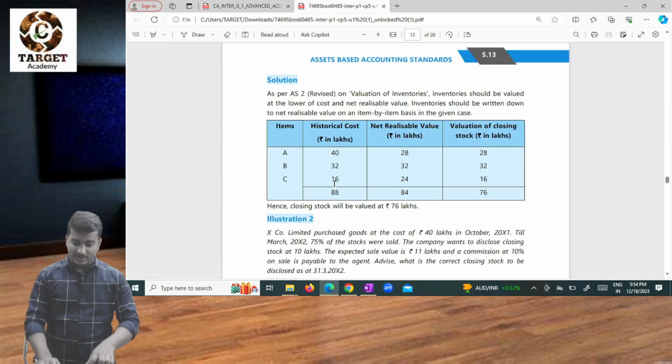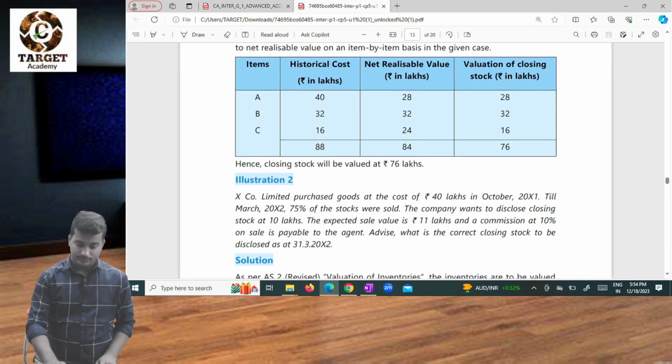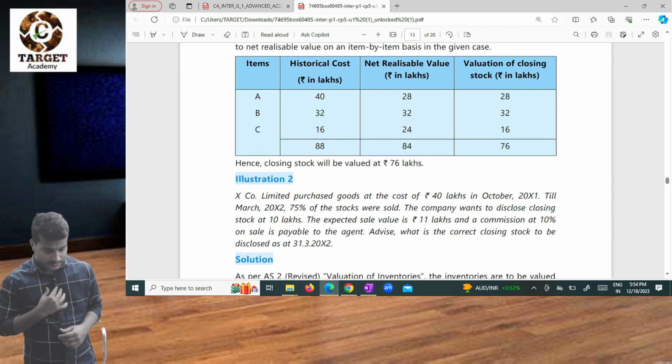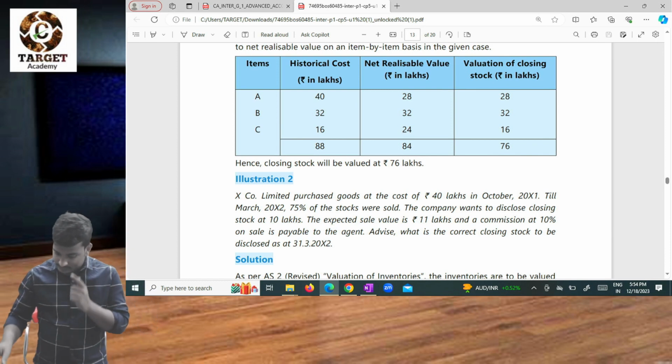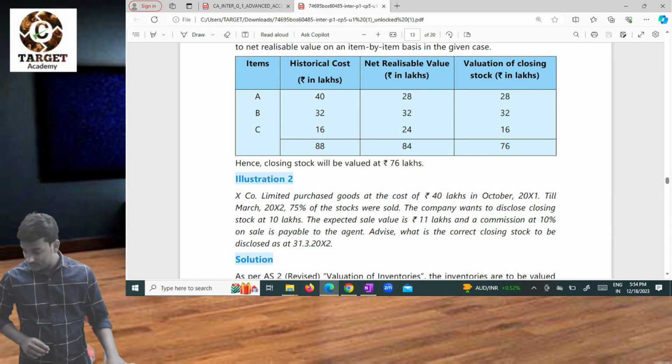Okay, all of you look at illustration number 2. Read the question.